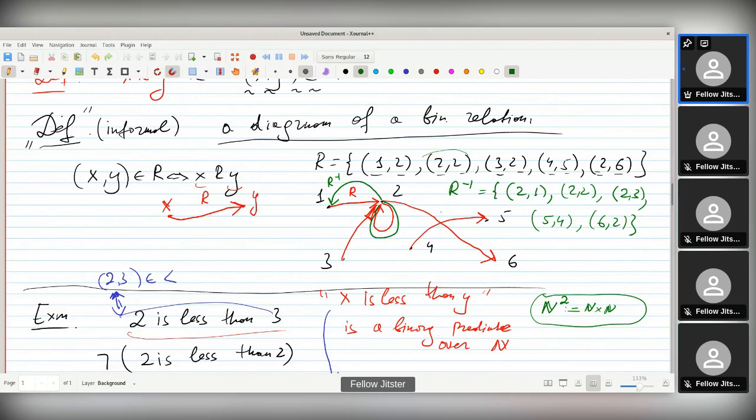It will in fact be the same. 3, 2 will transform into 2, 3. 2, 6 into 6, 2. And 4, 5 into 5, 4. Is this idea clear?